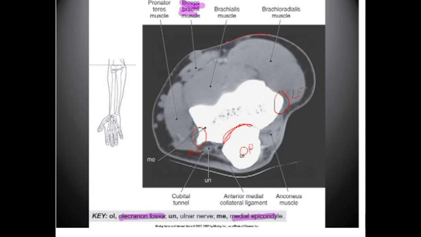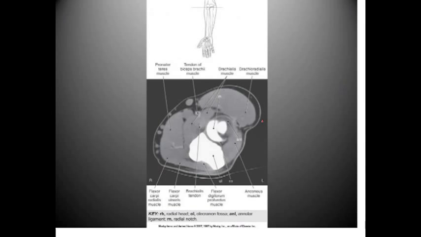We have the brachioradialis muscle, the brachialis muscle here, the biceps up here, and that is pretty much it for this image.